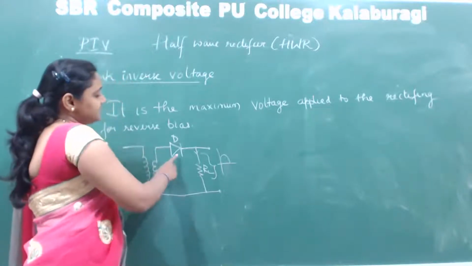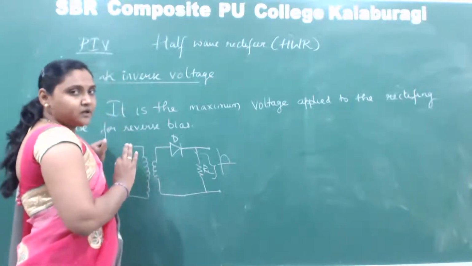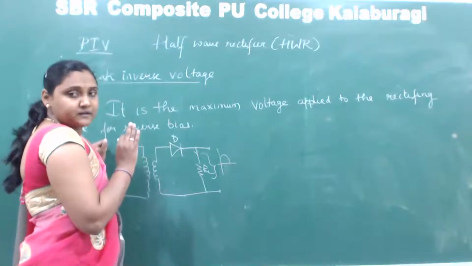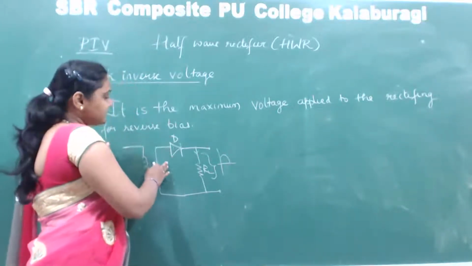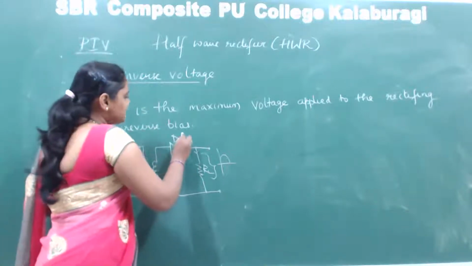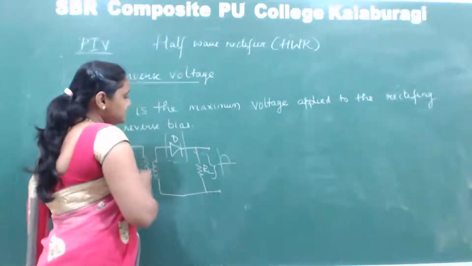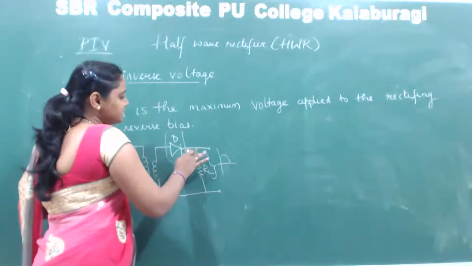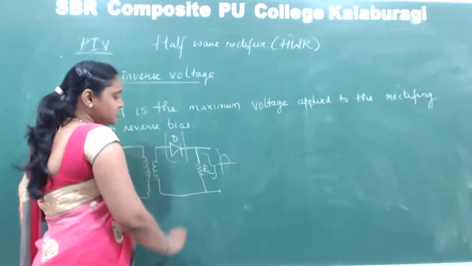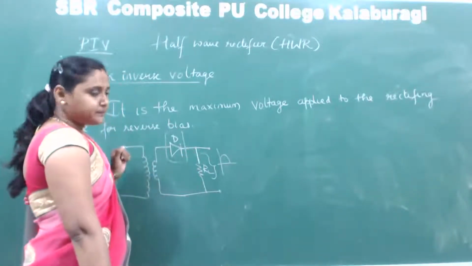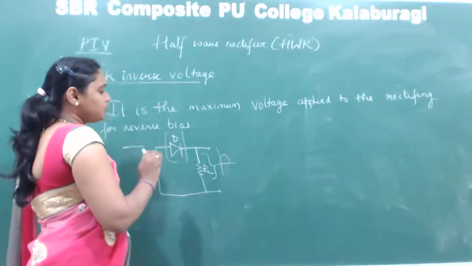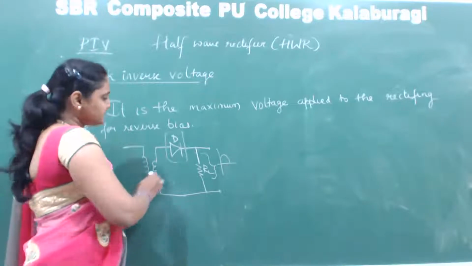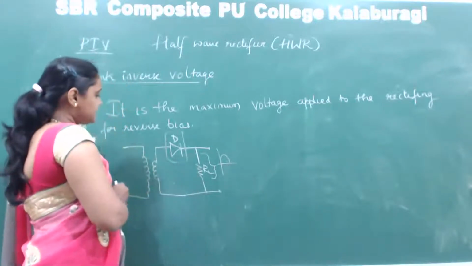For the negative half cycle, the diode is not conducting, it is reverse biased. It is not turned on, it is acting as an open switch. So the diode does not allow any current to flow through the resistor, so there is no voltage drop across the resistor RL.